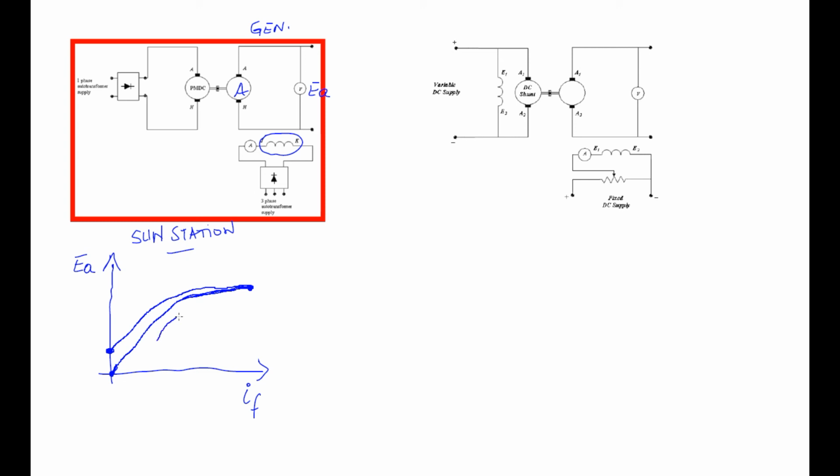So we do this experiment like this: step one, forward. And once we reach this point, we go backward like this. This is step number two, and this is backward.